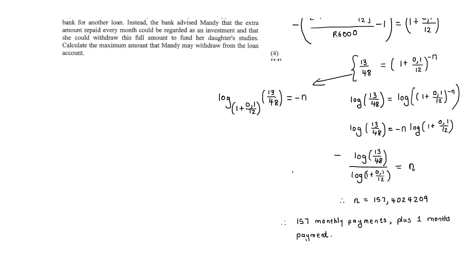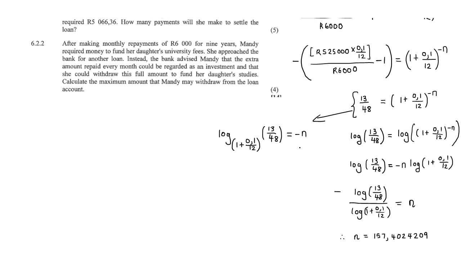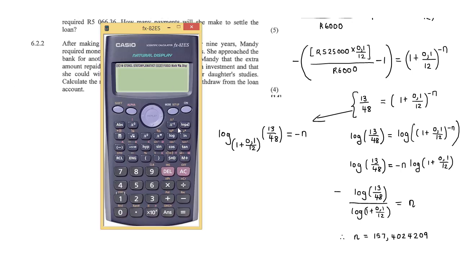Let's just check how you would evaluate n using this method, where you changed into log form. You would go into your calculator and choose this log function, which allows you to input your base and your argument.